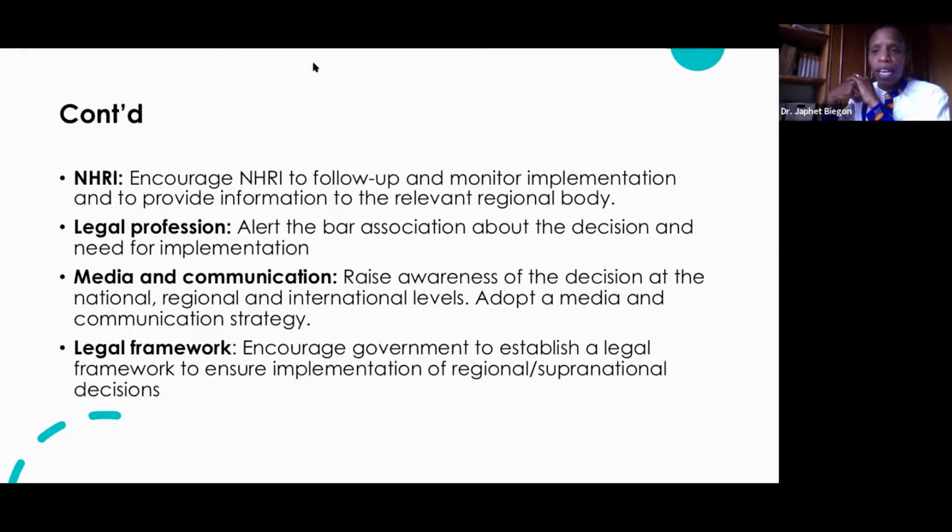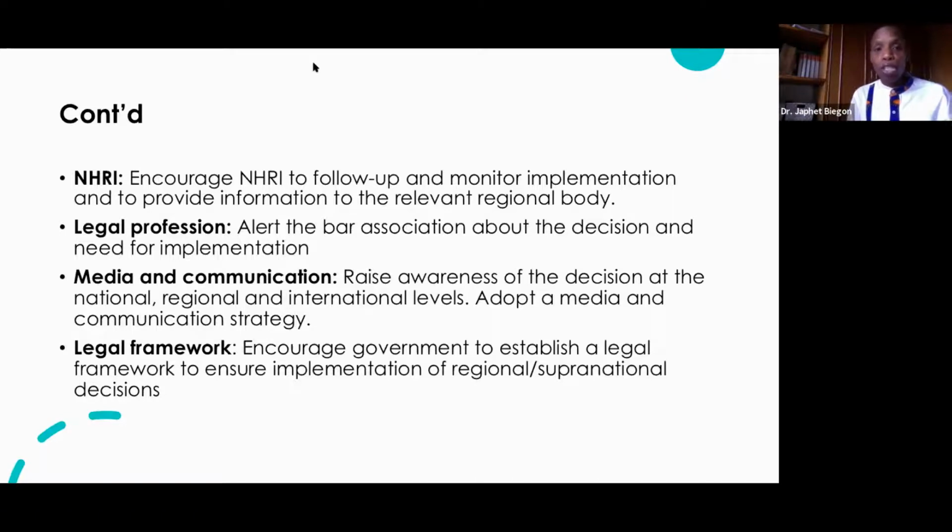In the case of the Endorois decision, the NHRI was part of the task force, but also monitoring what the state is doing and reporting on the extent to which the state has complied. And here I should pause and mention that NANHRI, the Network of African National Human Rights Institutions, has established guidelines for NHRIs on what they can do to promote and facilitate implementation at the domestic level.